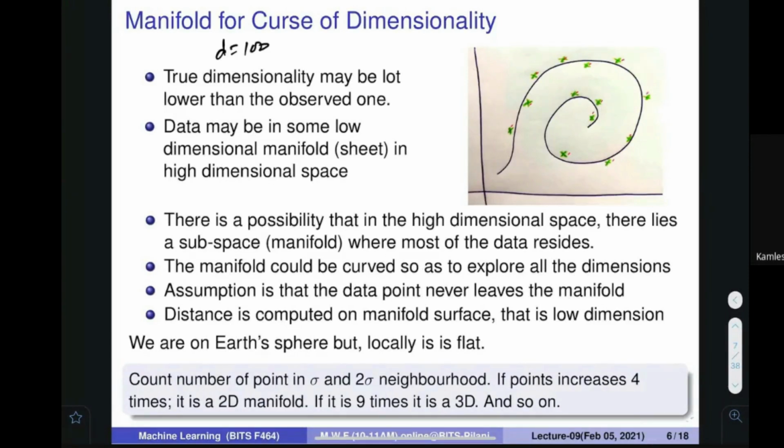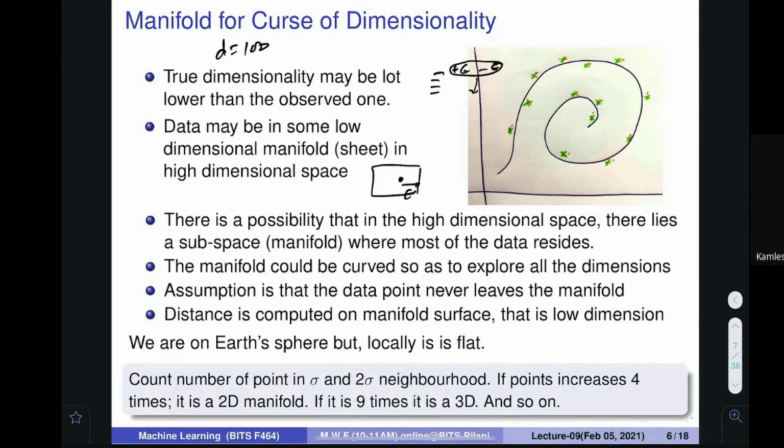Then you pick any data point and look at the epsilon neighborhood. What do I mean by this? In every dimension, you add epsilon and subtract epsilon. If any other point lies in that particular hypercube, you count how many items are there.